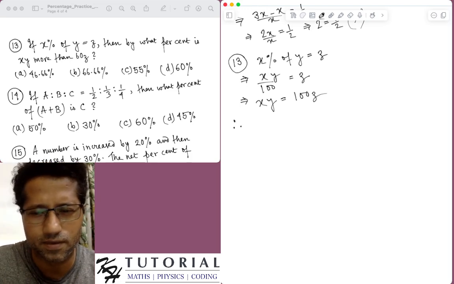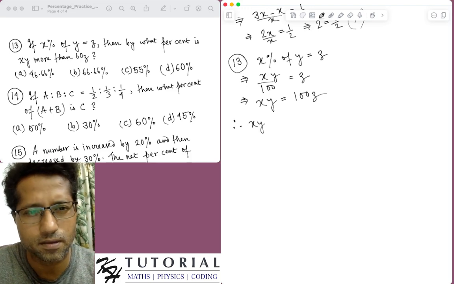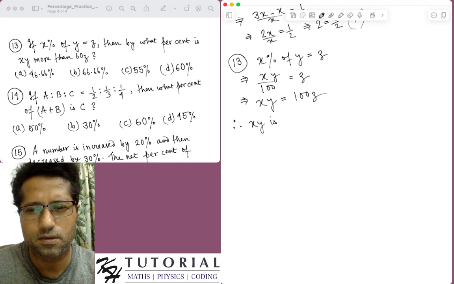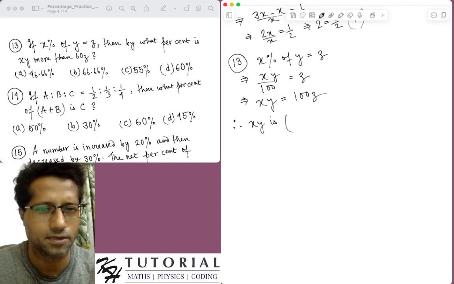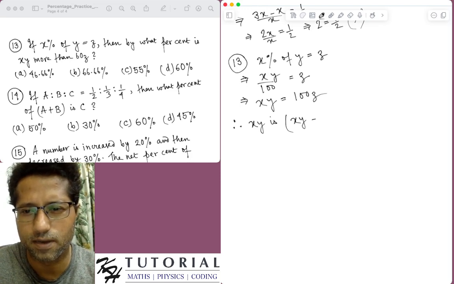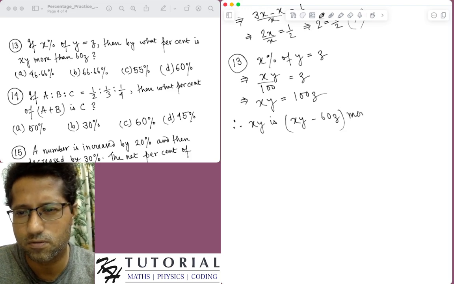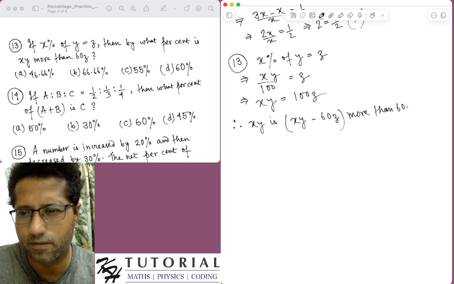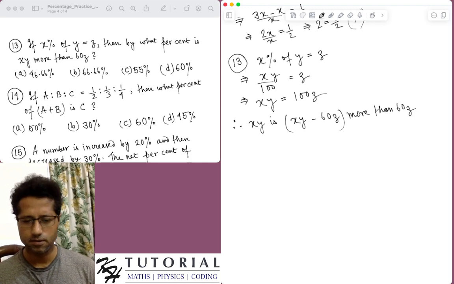Therefore, if xy is indeed more than 60z, then xy is xy minus 60z more than 60z. Obviously, this is very simple mathematics. If a is greater than b, then by how much is a greater than b?